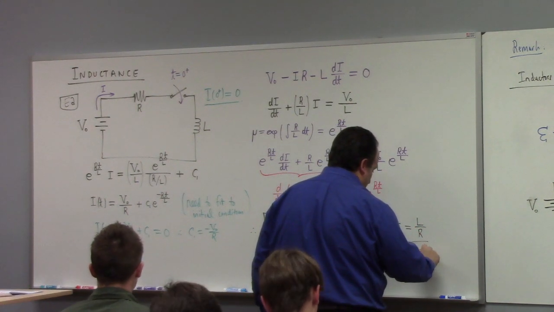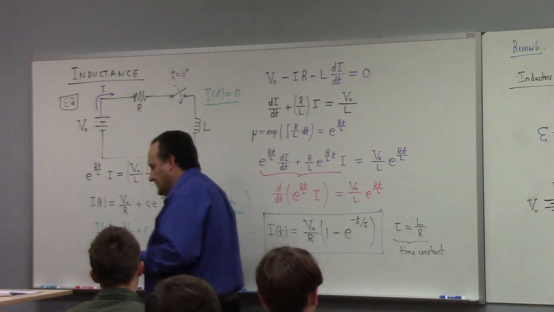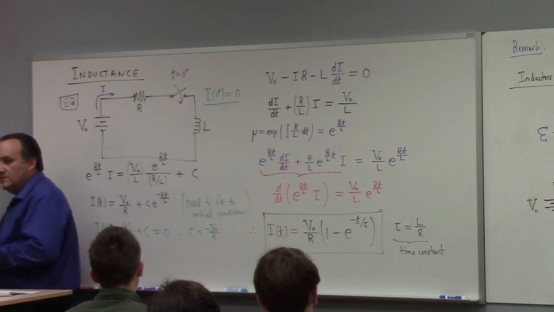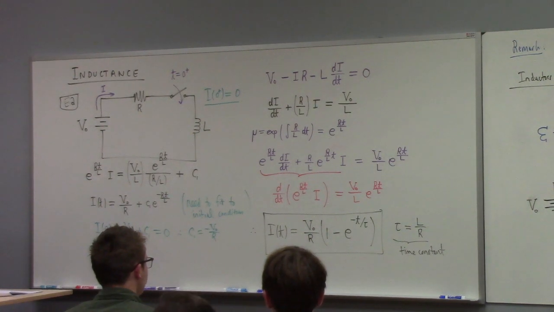The time constant for the RL circuit is the inductance divided by the resistance in the circuit. The bigger the inductance, the longer the time constant. The smaller the resistance, the larger the time constant. The larger the resistance, the smaller the time constant, right?